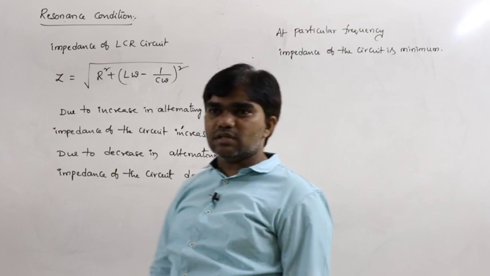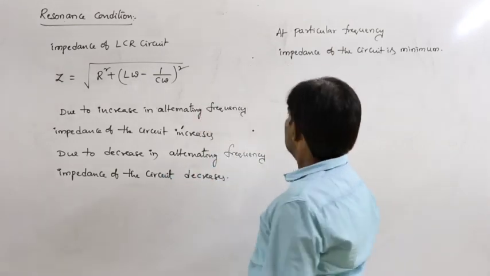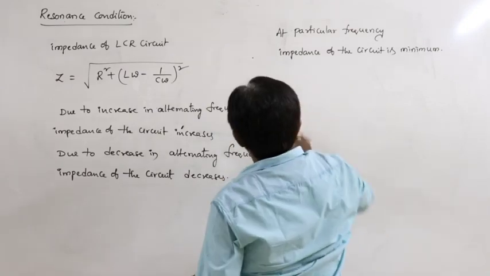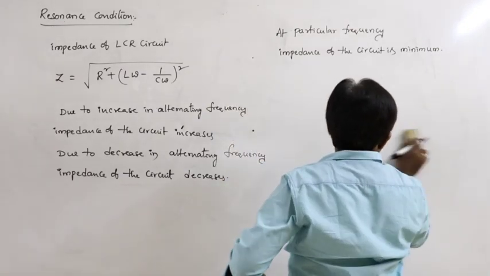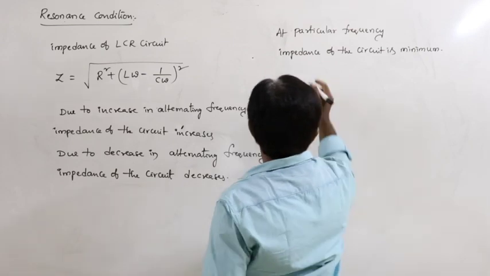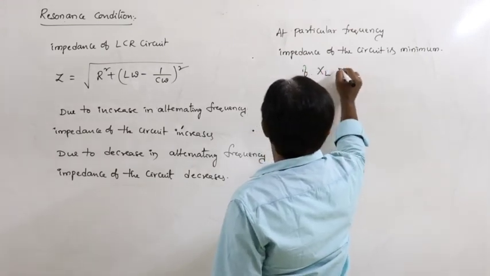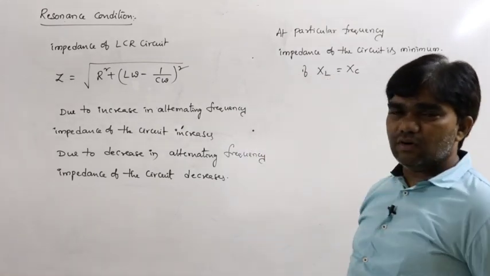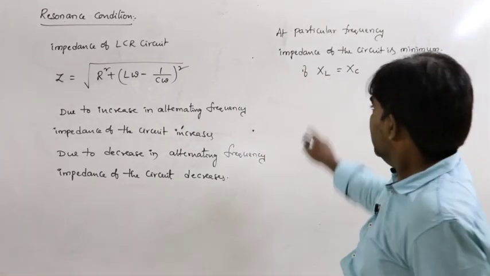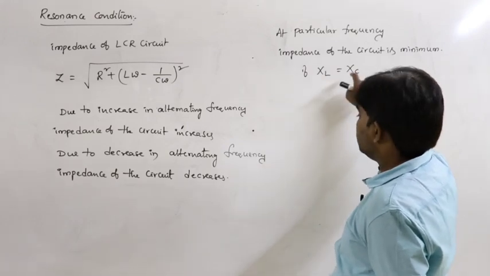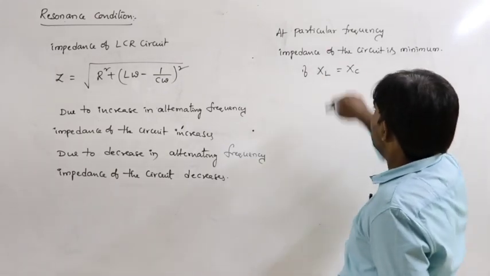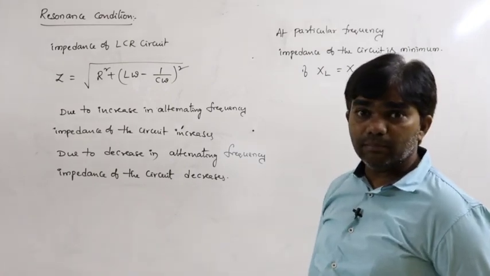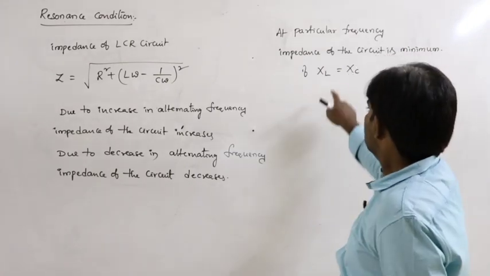That frequency is called the resonance frequency. When the impedance is minimum, XL is equal to XC, the inductive reactance is equal to the capacitive reactance. If the inductive reactance is equal to the capacitive reactance, then only the impedance of the circuit is minimum.